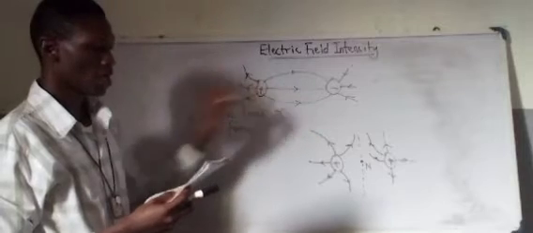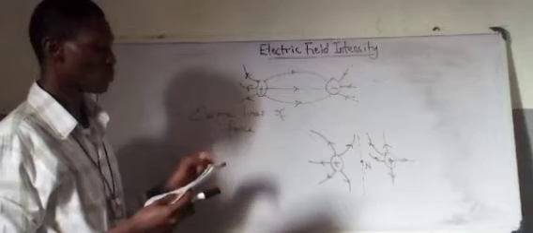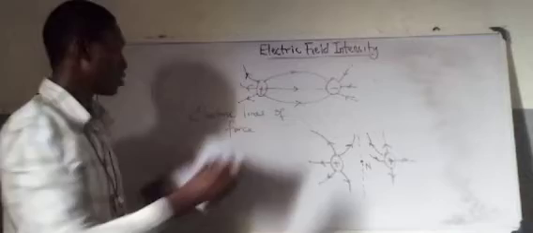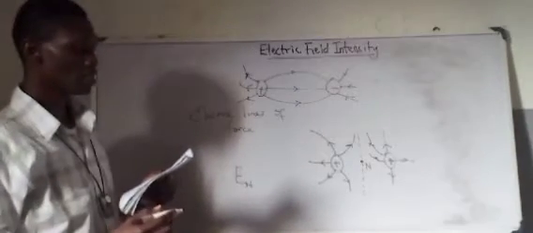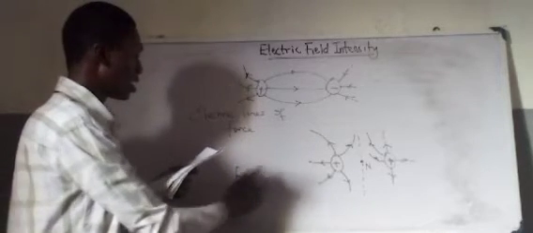Then also, we should be aware that the number of lines of force crossing a surface area is equal to the magnitude of the electric field intensity. So if we have E, the electric field intensity, based on the number of lines of force, we have N, the number of lines of force, divided by area.